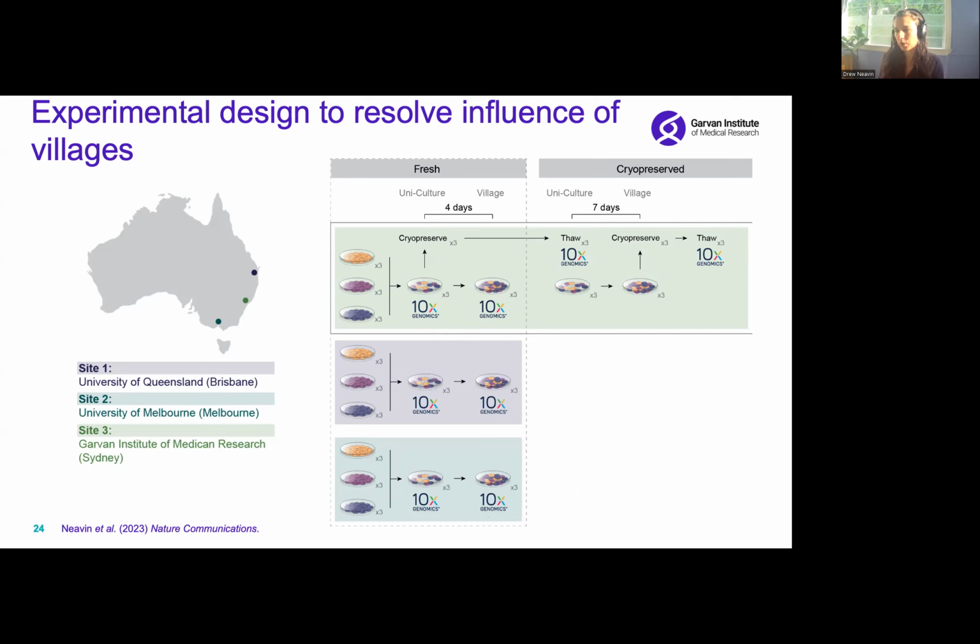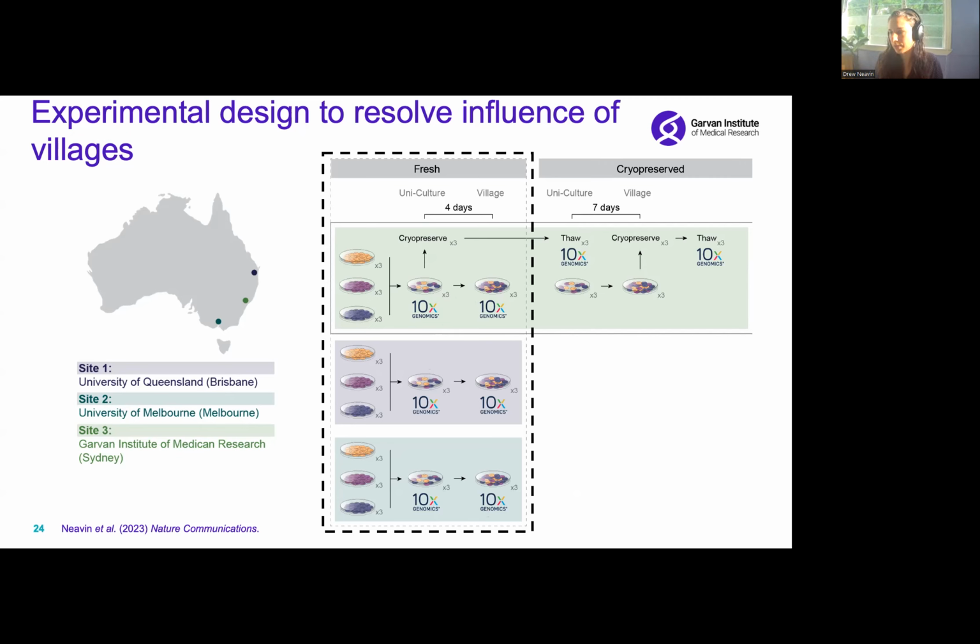In doing this, we're hoping that we can really parse out the impacts that the village has on the transcriptional profiles and the proportion of lines in villages. Today I'm just going to focus on the fresh results. The results from the cryopreserved samples were effectively the same, and just due to time, I'm going to focus on the results from the fresh samples across the 3 sites.